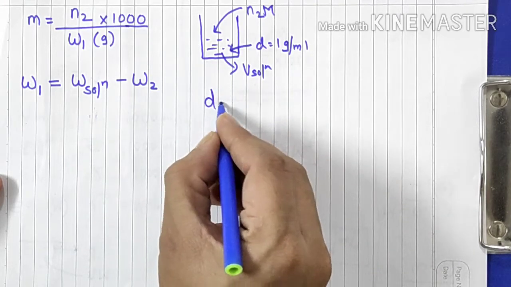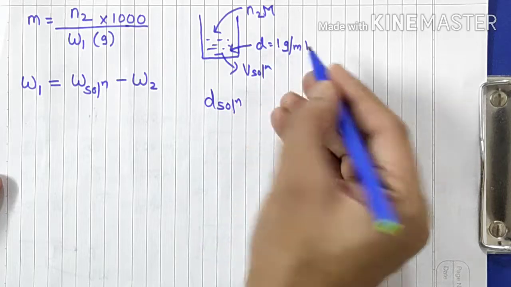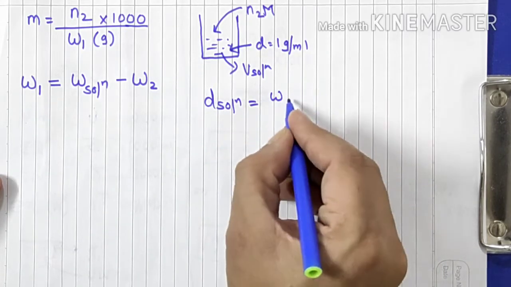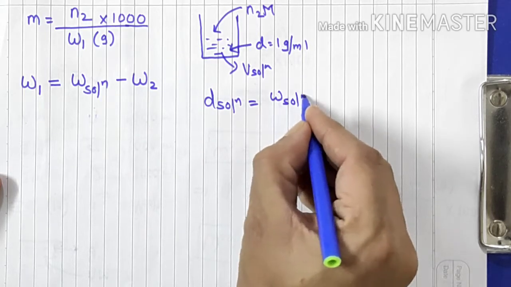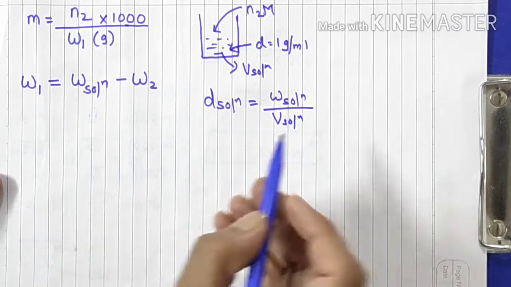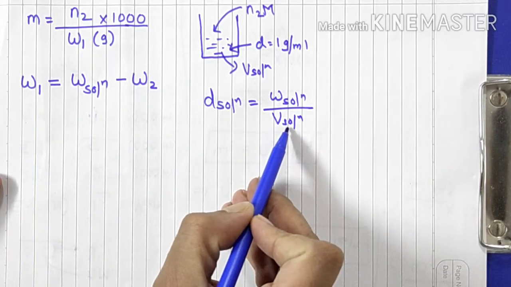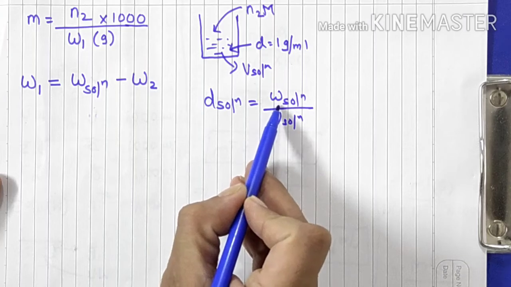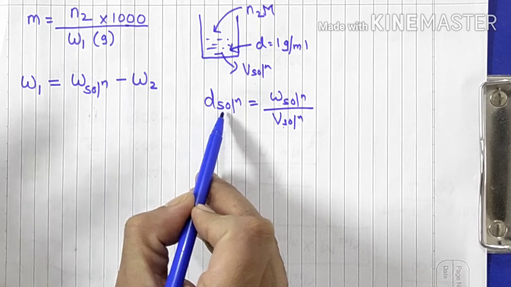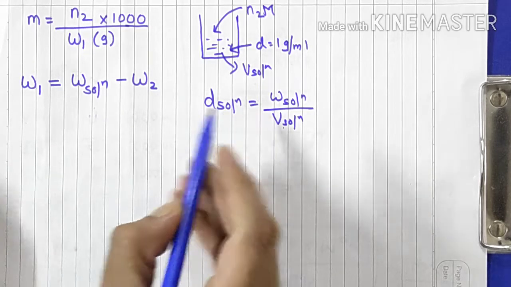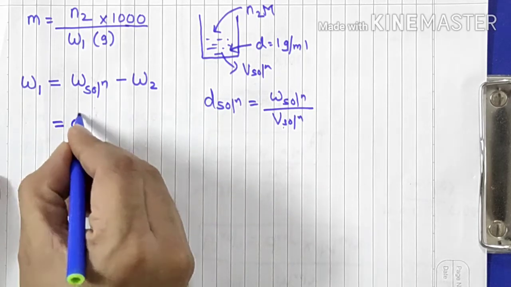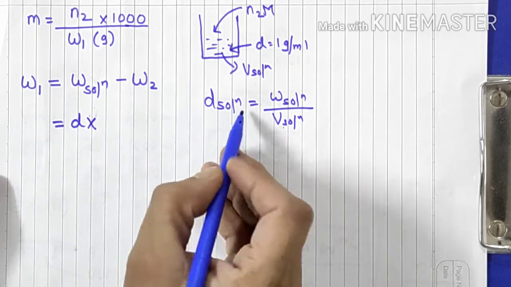If I know the density of the solution, that is 1 gram per dm cube, and density is mass upon volume, so mass, that is weight of the solution, upon volume of the solution. I know the volume of the solution, I know the density. Can I find the weight of the solution? Yes, weight of solution will be volume of solution into density of solution, right? So instead of weight of solution, I can write density into volume of solution.